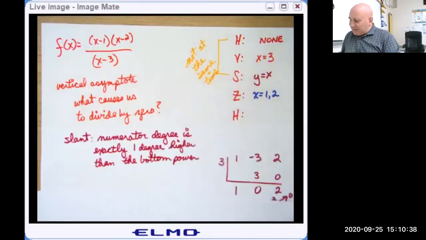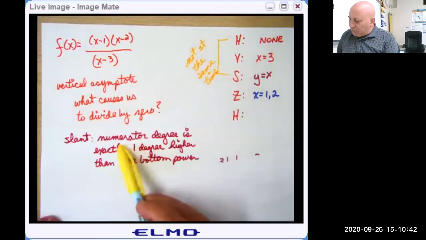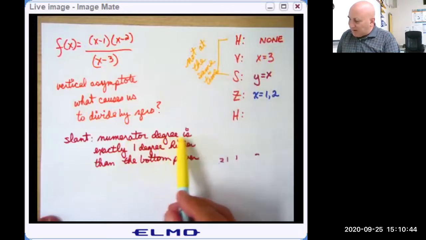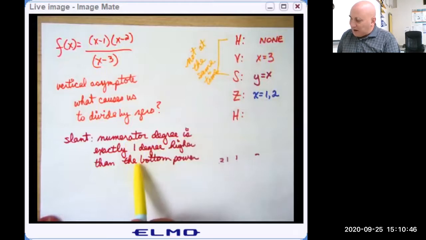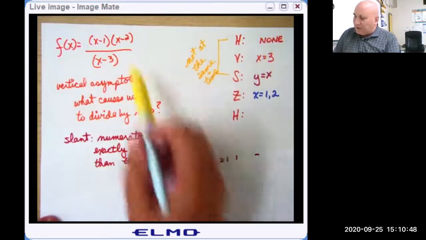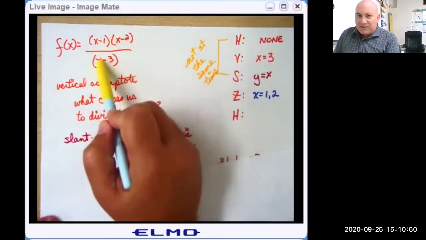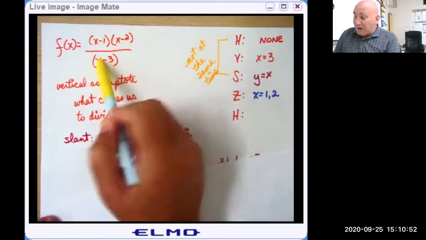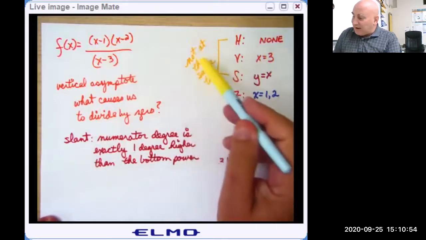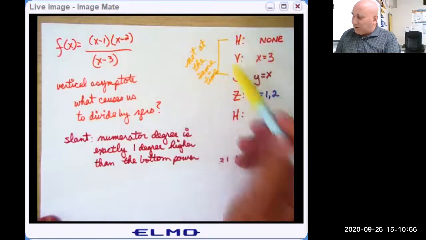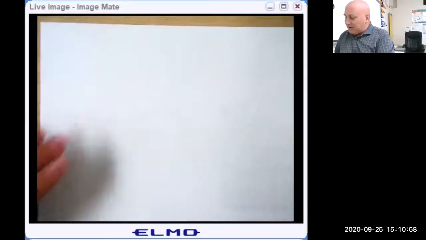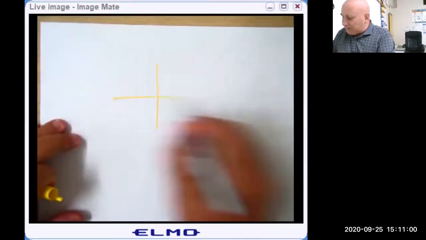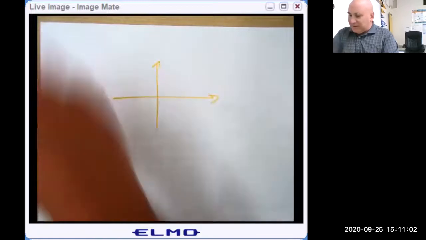A slant asymptote occurs where the numerator degree is exactly 1 degree higher than the denominator degree. Well, this is an x squared, this is an x. We might have a slant. You cannot have a slant and a horizontal at the same time, because a horizontal asymptote looks like this.